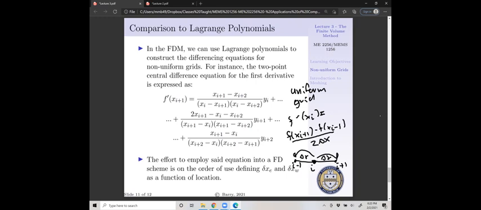Now, if I look at this, I don't know if it's stated what the order of error is, at least for your 2-point central difference method. Your error is on the order of delta x squared.